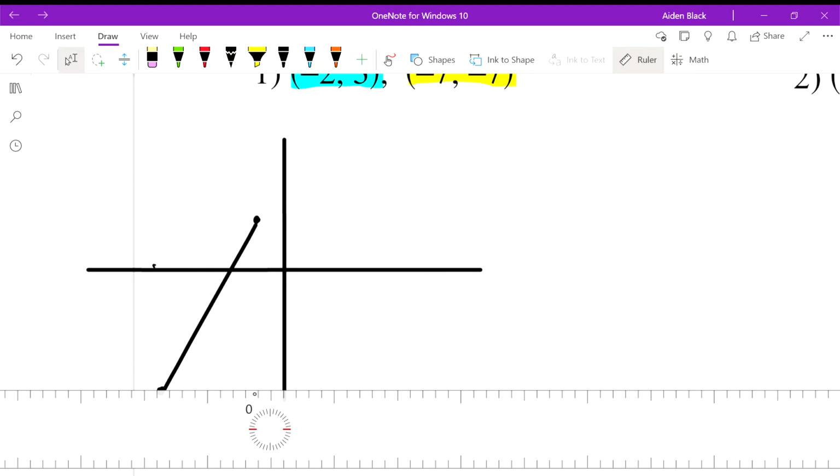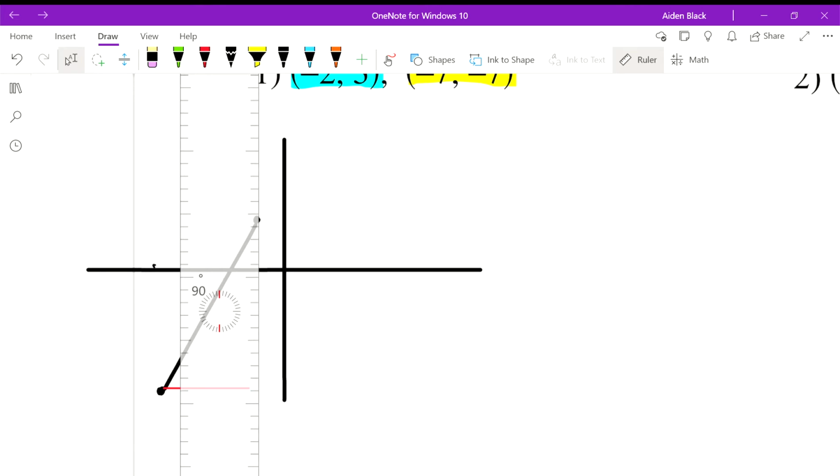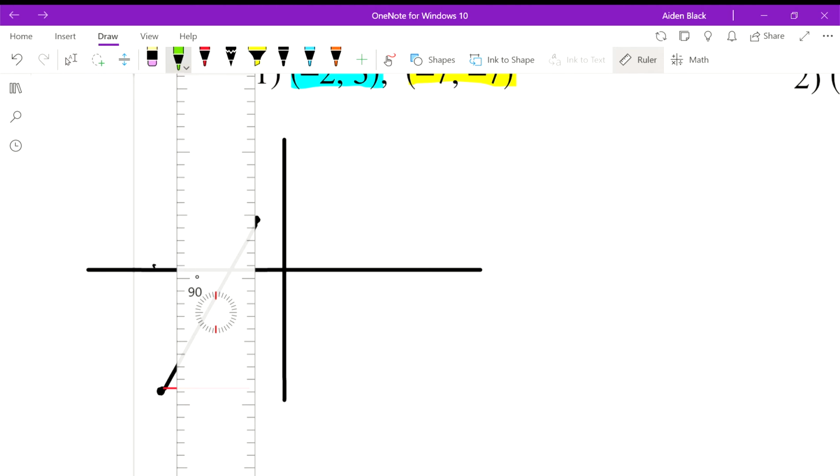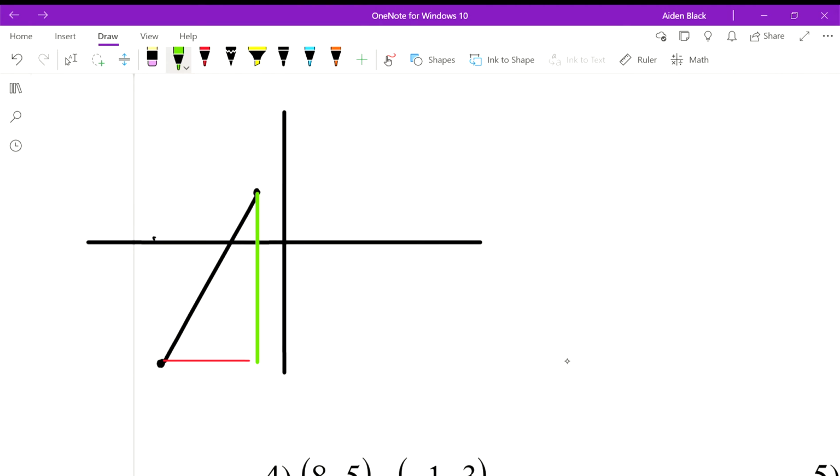This is your A. This is your B. So we have B, A, C. We use Pythagorean's theorem, right?